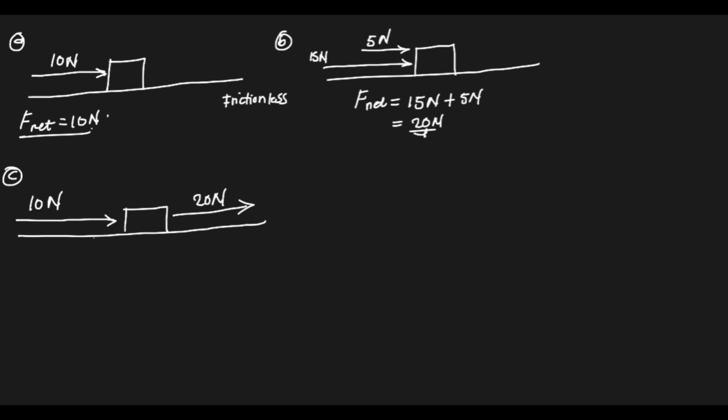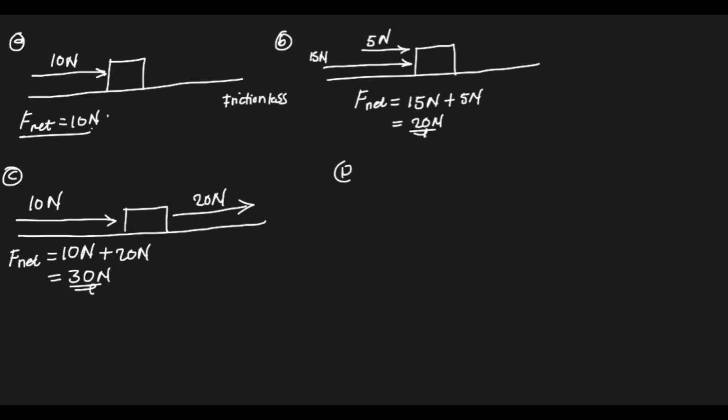Regardless of the position of an arrow, as long as the two arrows are pointing in the same direction, the net force must be found by adding the two given forces. So we are going to say 10 newtons plus 20 newtons, which gives us the value of 30 newtons.